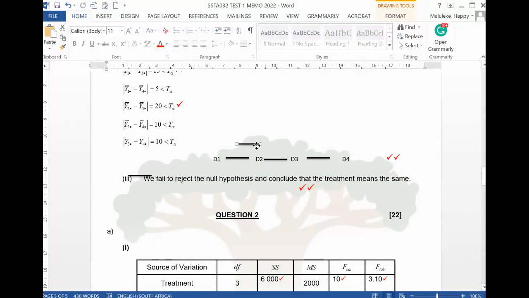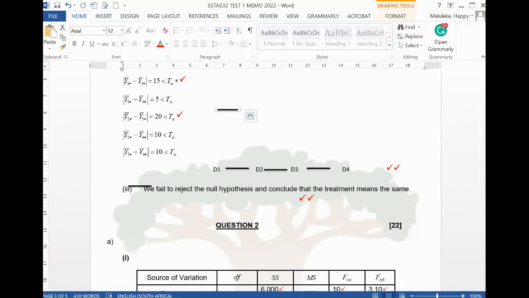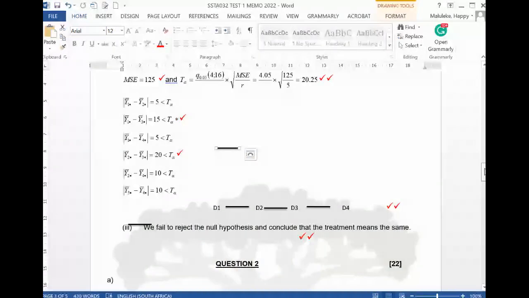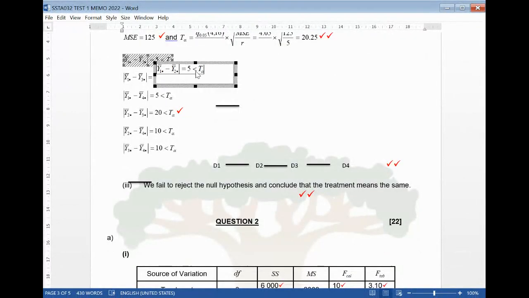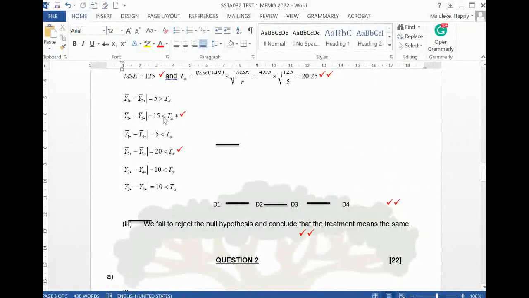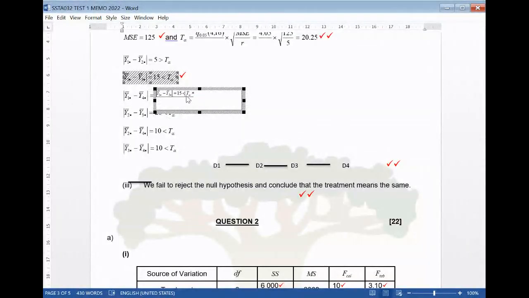I want to emphasize this one because it's not always the case that all the means will be the same. In a case where mean 1 and mean 2 are not the same, suppose this one is greater than, whereas for our test they were the same.